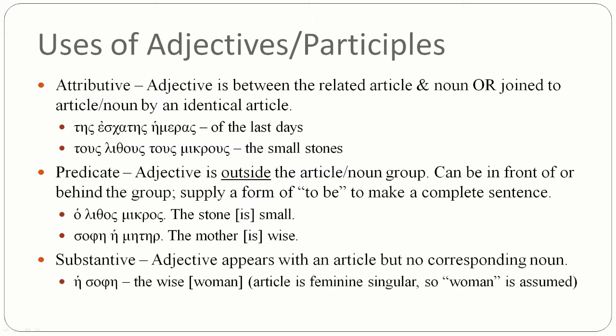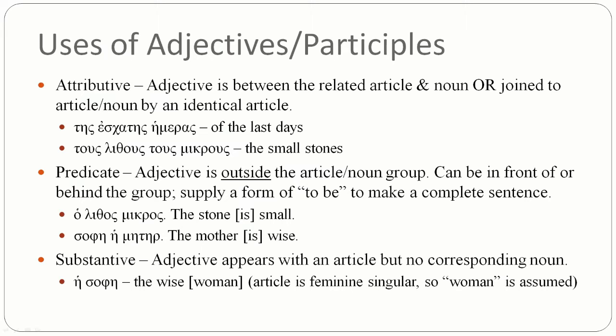The last category here is probably the simplest one. Here the adjective will just appear with an article, but there will be no corresponding noun, no noun that is agreeing with this in gender, number, and case. And so here you have he sophe. It's just an article with an adjective. There's no noun with it. And so you can say the wise woman. Why can we say woman? Because you notice the article and the adjective are feminine singular.